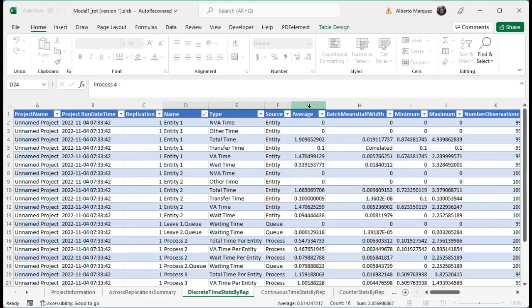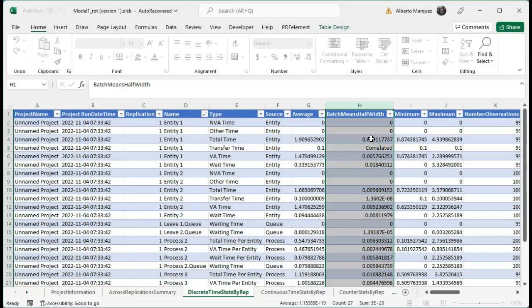Now, those were the averages. Now, each one of these rows comes with a batch means half width. What does this refer to? Well, remember that what we're doing is a sampling process, and knowing the average doesn't give us necessarily the absolute true value because it's just a sample.